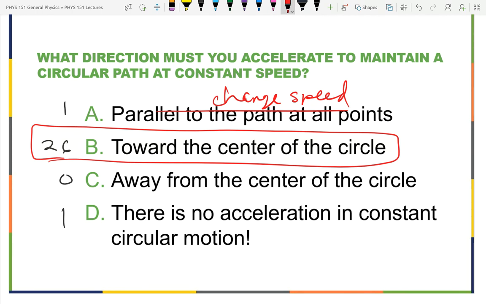Well, straight, I guess. You would have constant motion, not constant circular motion, but constant motion. That is same direction and same speed. But we're doing constant circular motion, so that's why this one was incorrect. And then nobody said away from the center of the circle, so I won't worry about that.